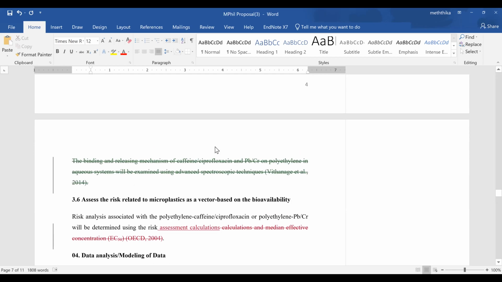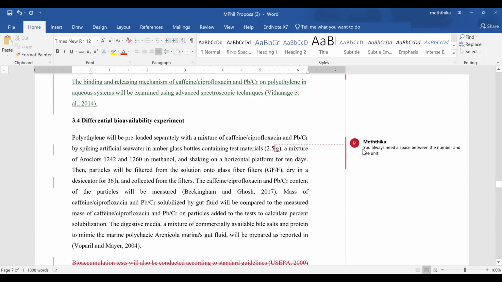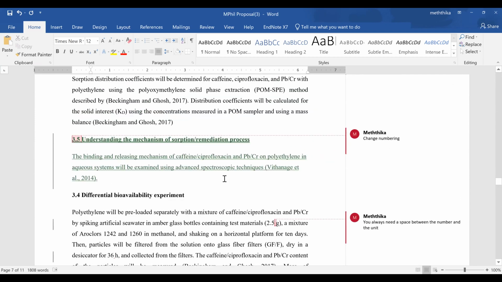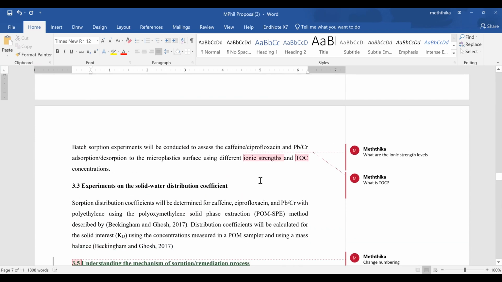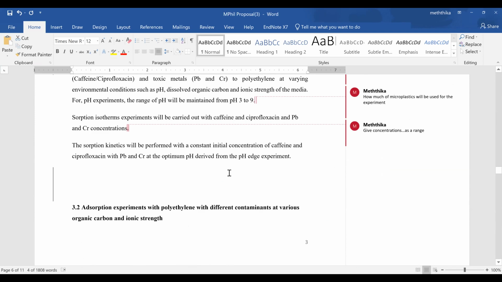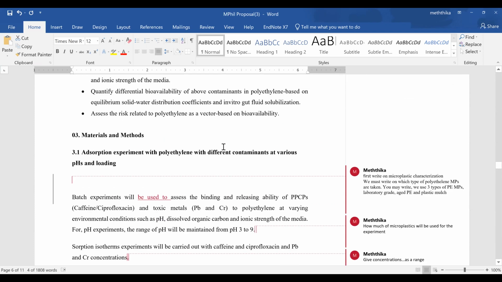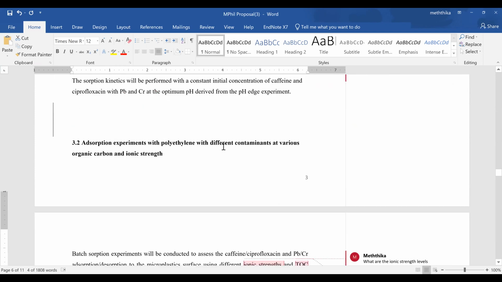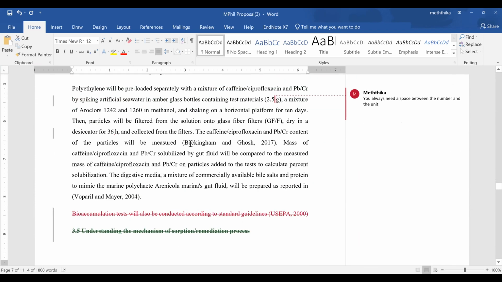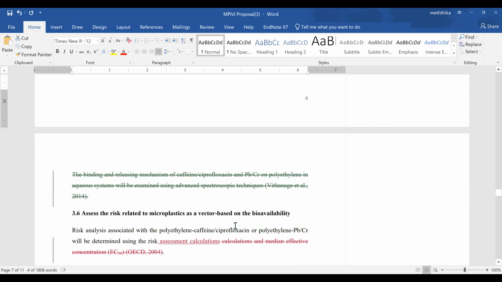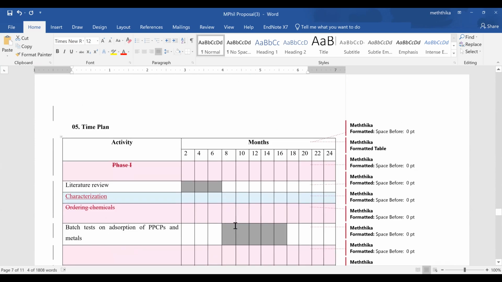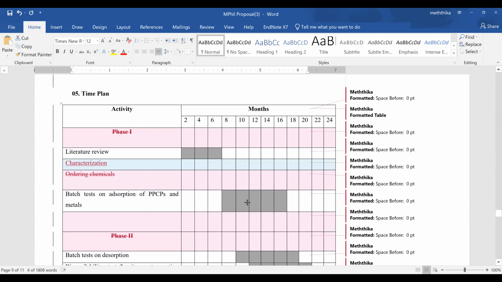And you can clearly see I have asked them to include references. She has included references in each and every experiment that she does. And then the time plan.